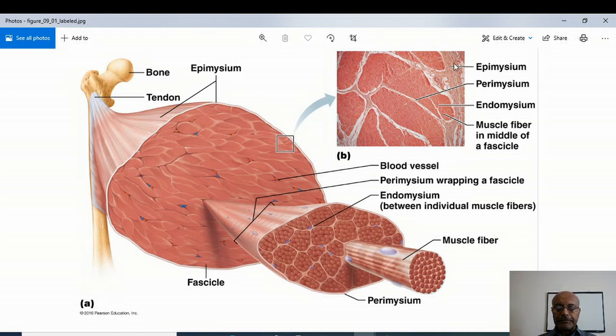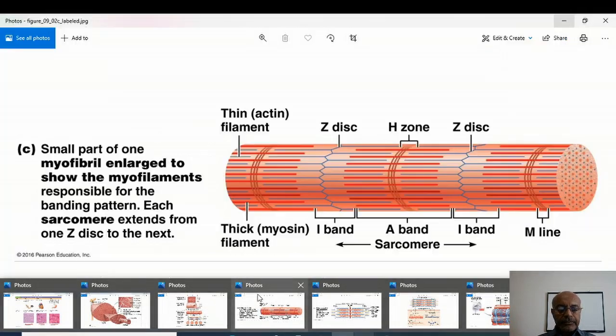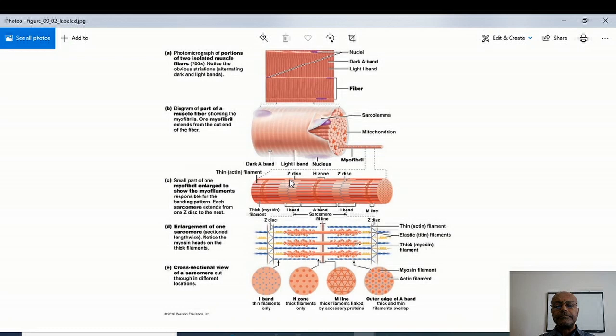So notice that. Now, if we take this one skeletal muscle fiber and further examine it, we will see the following. Let's follow it here. Look, one skeletal muscle cell.